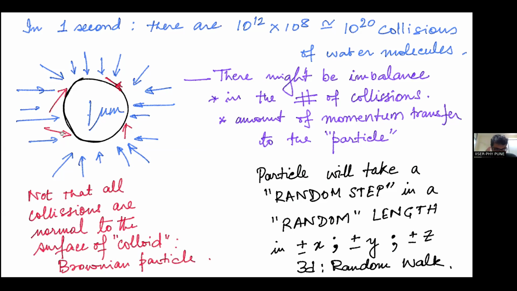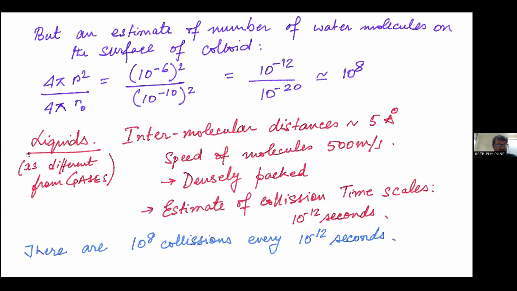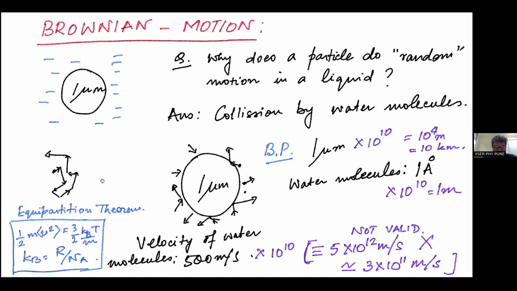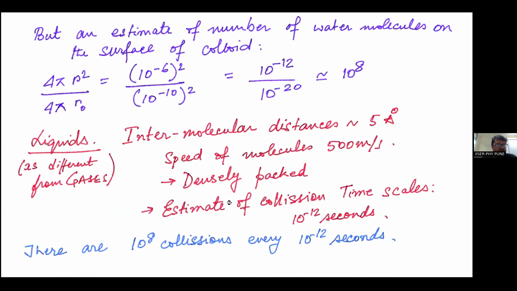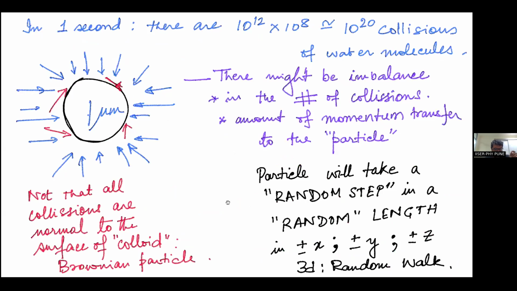To correct this so that you have the right picture, I've drawn these red arrows. There can also be bounce-back collisions, and angular collisions as well, but we are doing an order of magnitude estimate, right?